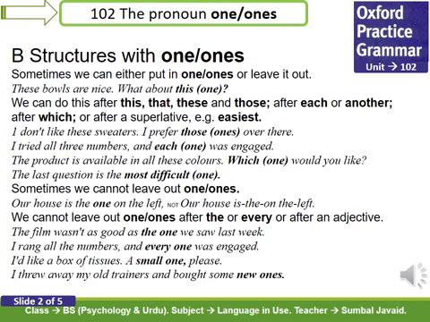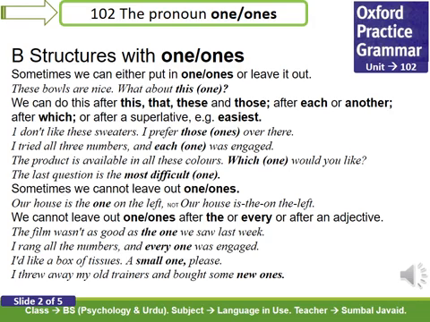We can do this after this, that, these and those, after each or another, after which, or after a superlative, for example easiest. So we can follow this structure after these words.